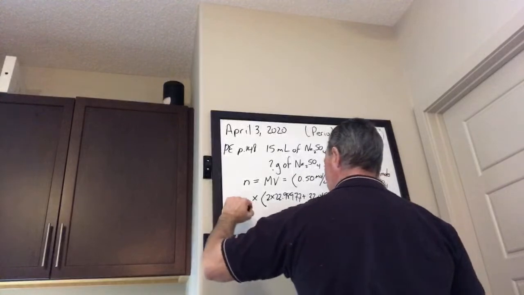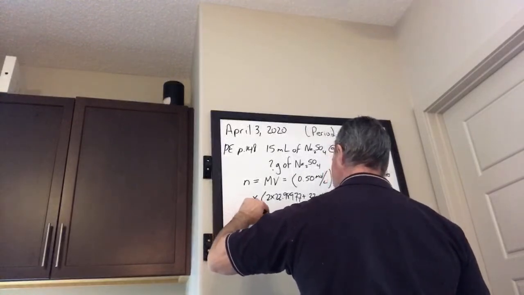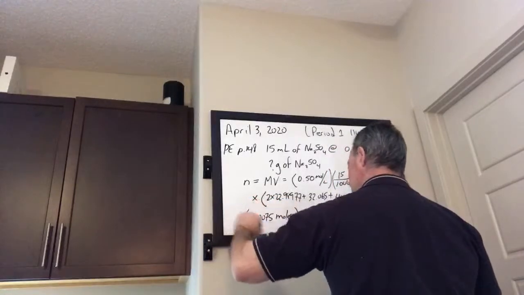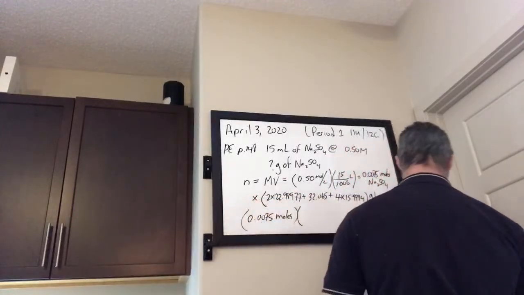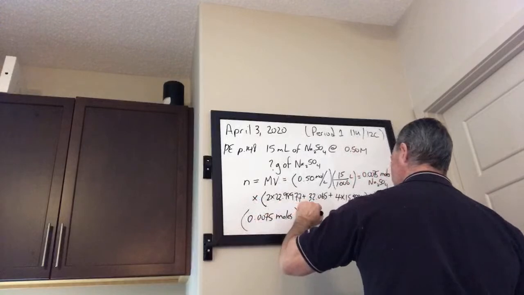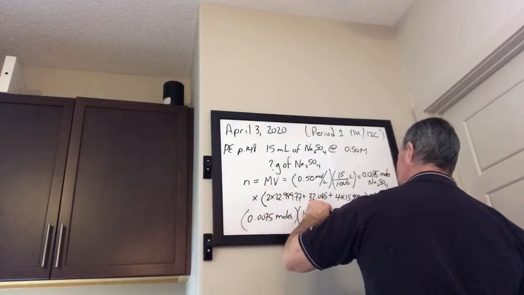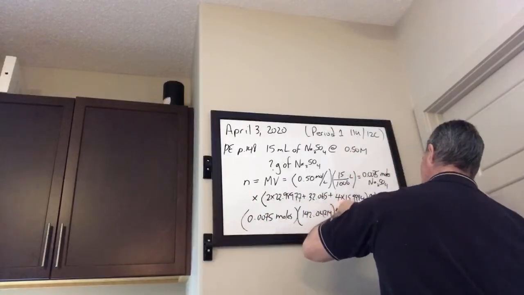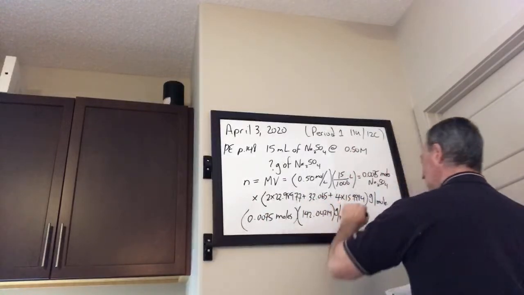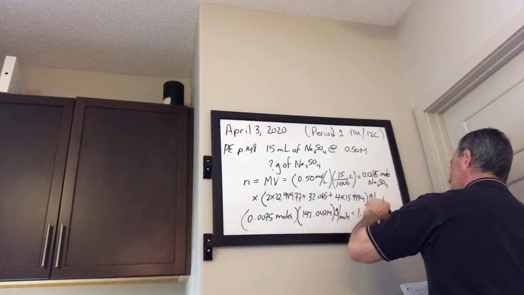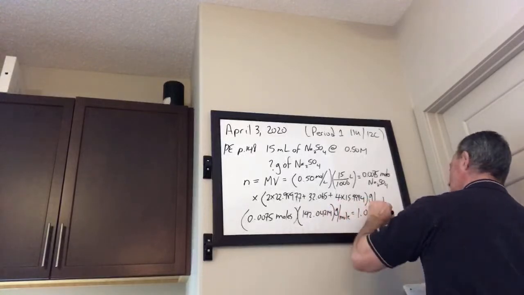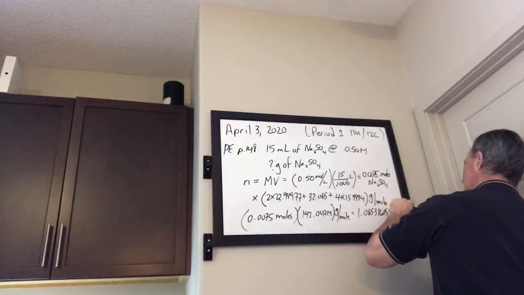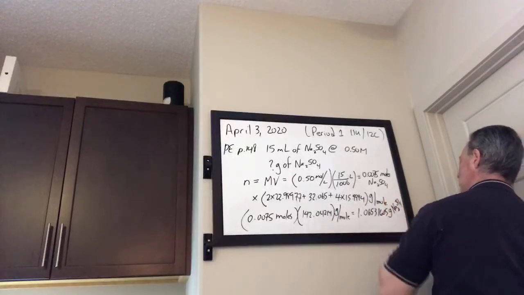So what you get is basically 0.0075 moles times this all added up, which is 142.04214 grams per mole, gives you 1.06531605 grams of sodium sulfate. Ran out of room there, sorry.